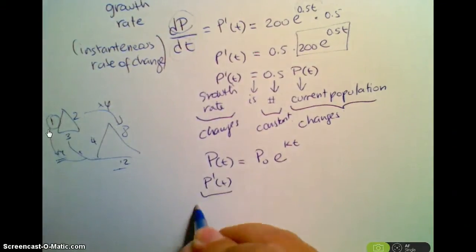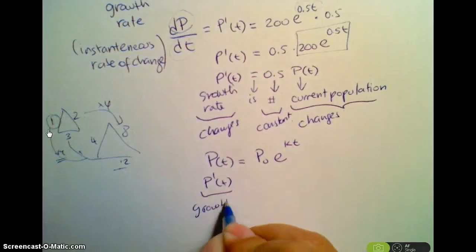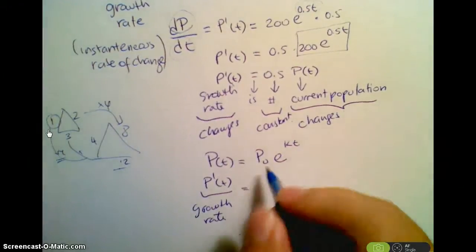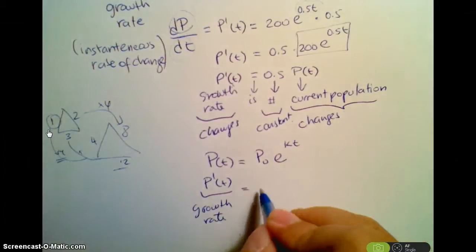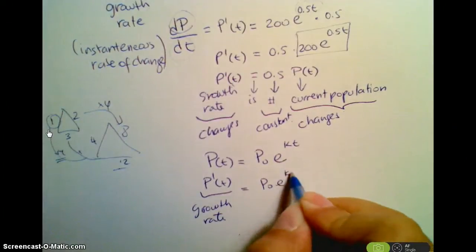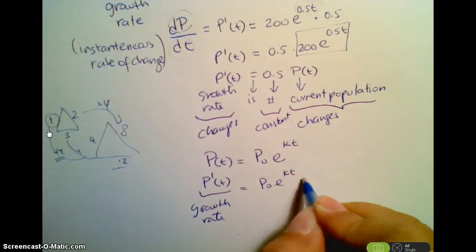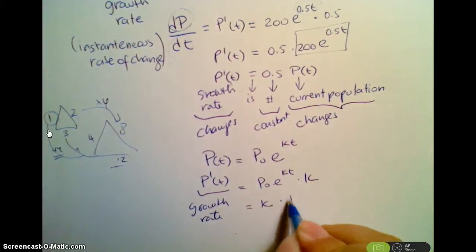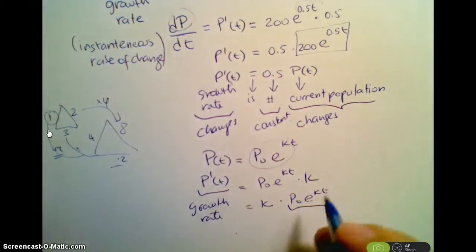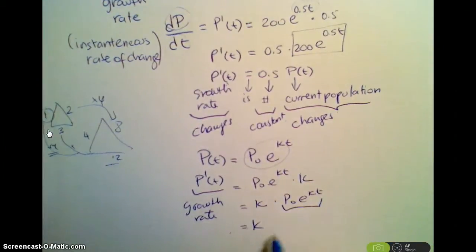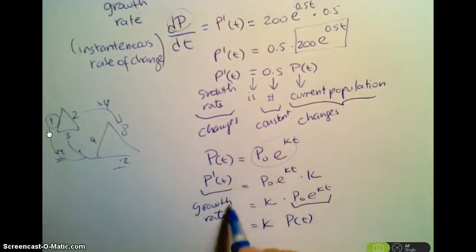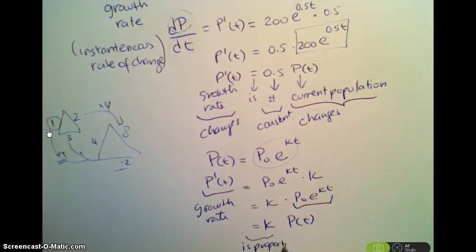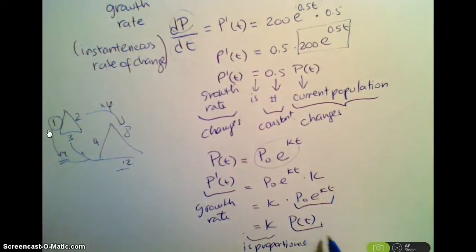So now this is growth rate, and I'm taking the derivative of this, which will be itself, times the derivative of kt, which is k, and rearranging, I have k times P sub 0 e to the kt. You know that this is P of t. So now the growth rate is proportional to the current population.